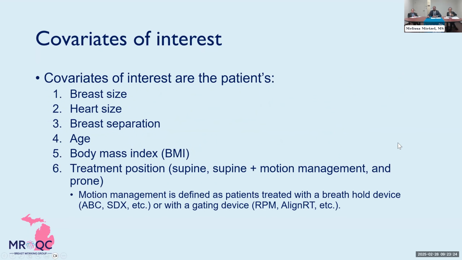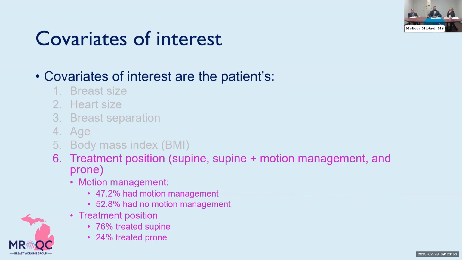The covariates of interest for this retrospective analysis were breast size, heart size, breast separation, age, body mass index, and treatment position. For treatment position, we're focusing on supine, supine with motion management, and prone. Motion management was defined as patients treated with a breath hold device, such as ABC or SDX, or a gating device such as RPM or AlignRT.